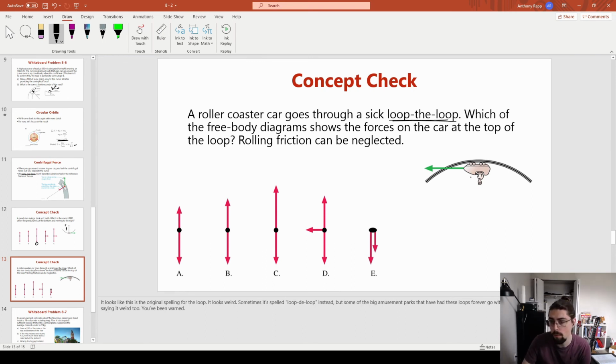There is a normal force pushing downwards on the car. Similarly, gravity pulls down, right? That's just kind of what happens on Earth. There are no other forces. There's a contact force, and there's gravity. There's no tension, there's no thrust, nothing like that. Those are the only two forces. E should be our answer in this one.